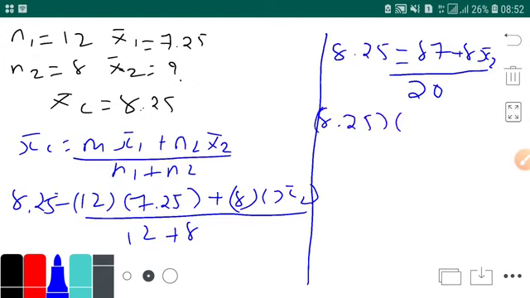So 8.25 into 20 is equal to 87 plus 8 x bar 2.